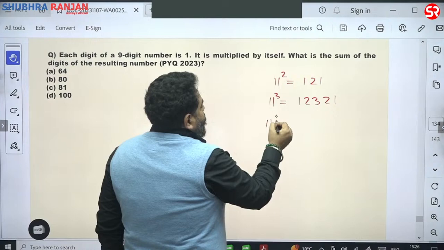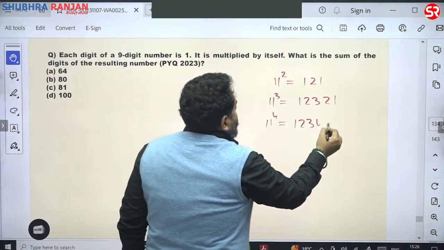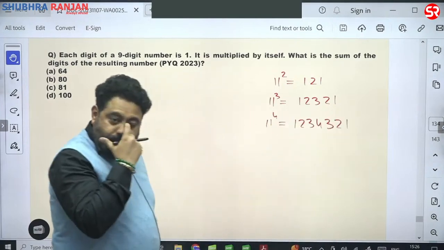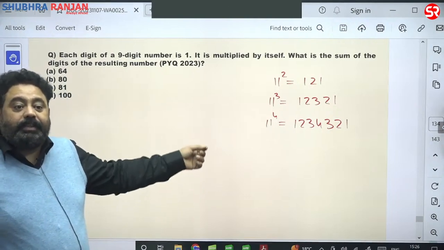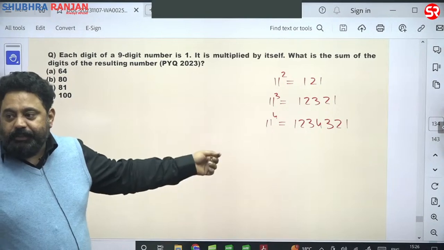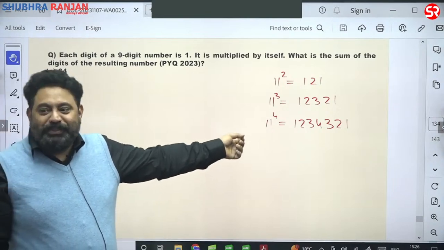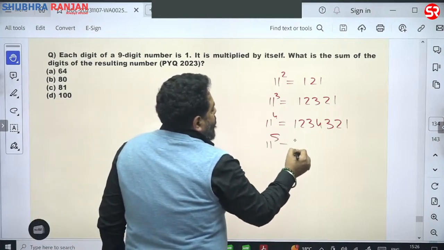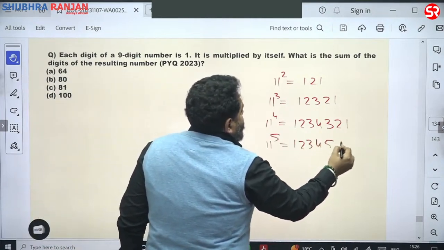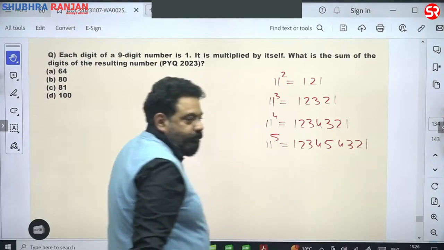What is 11 to the power 4? 1, 2, 3, 4, 3, 2, 1. These are the things that we did when we were children. Maybe your uncle or aunt used to come to your home and tell you this. What is 11 to the power 5? 1, 2, 3, 4, 5, 4, 3, 2, 1.